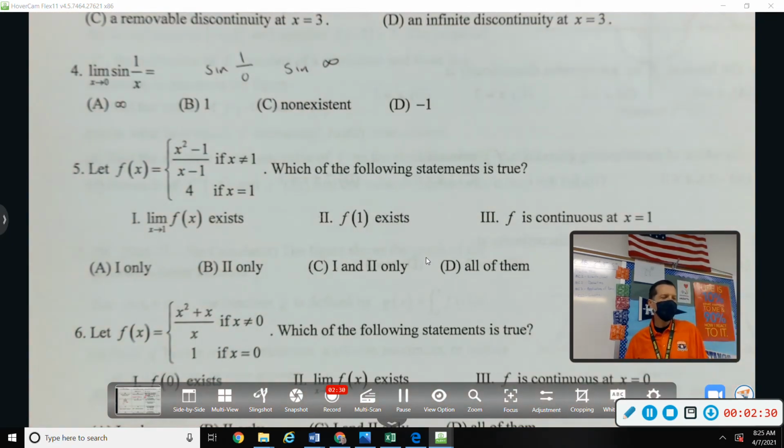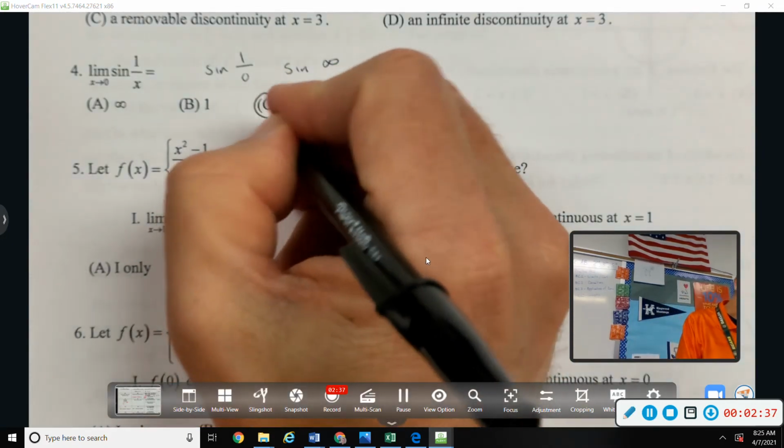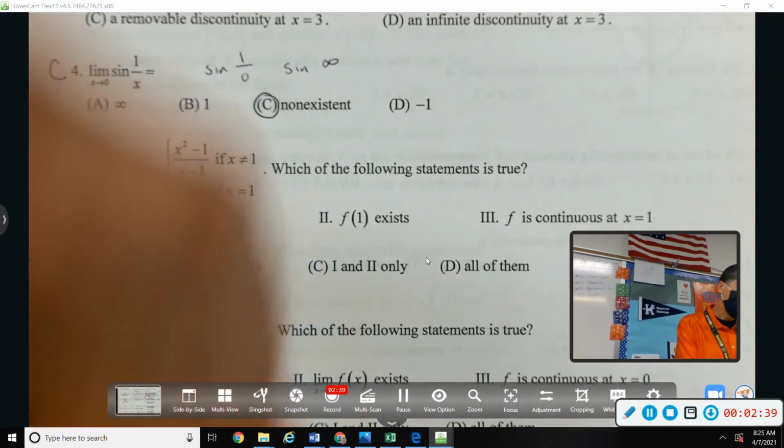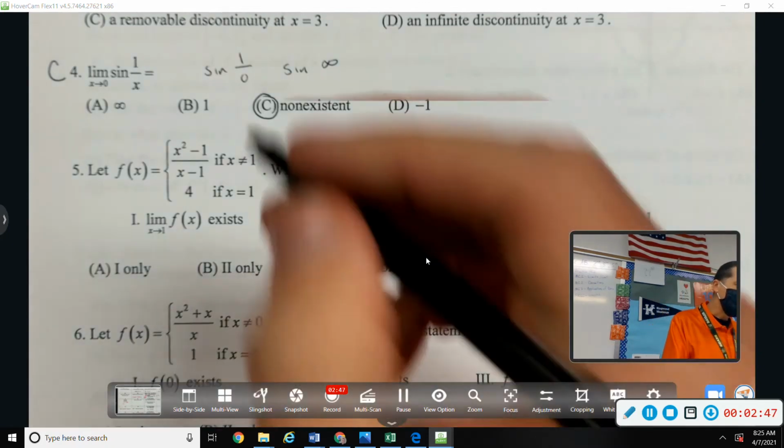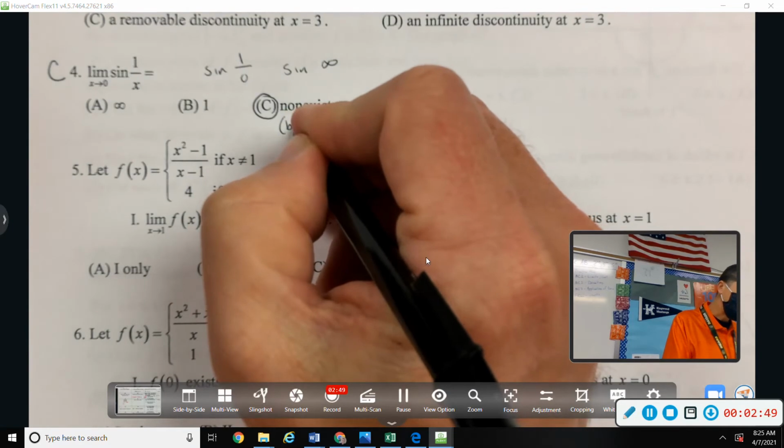As x gets bigger and bigger, sine just keeps oscillating. So this is not going to have a limit, non-existent. The reason is that it oscillates, but the answer would be non-existent.